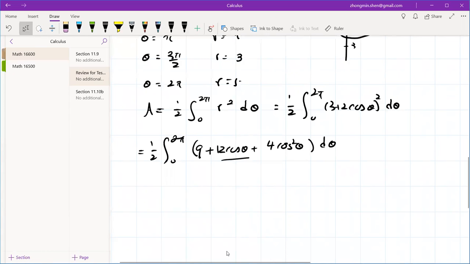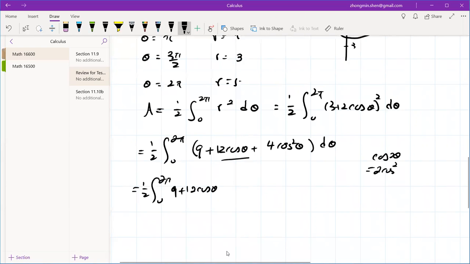And cosine squared theta, you have to convert it. Remember the formula: cosine 2 theta equals cosine squared theta minus sine squared theta.